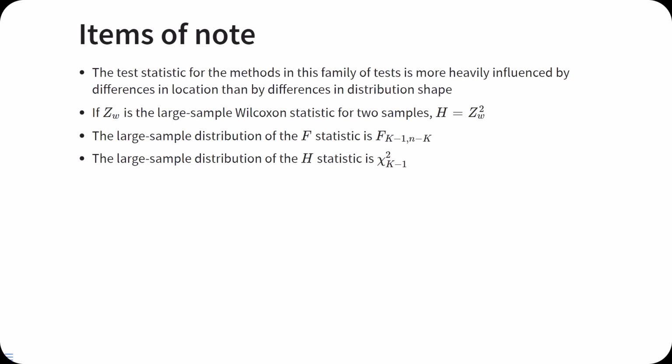The large sample distribution of the F statistic, when we conduct the Fisher-Pittman type test for K samples, is F with K minus 1 degrees of freedom and N minus K degrees of freedom. That is, the large sample distribution of our F statistic from the Fisher-Pittman test is the same as what we use when we do one-way ANOVA. The large sample distribution of the H statistic is a chi-square with K minus 1 degrees of freedom, but as I've already mentioned, you're going to be better off using Monte Carlo approximations.